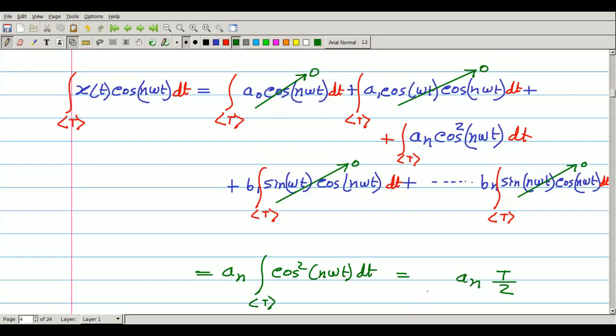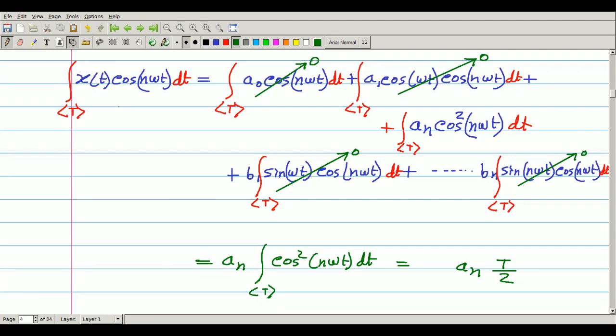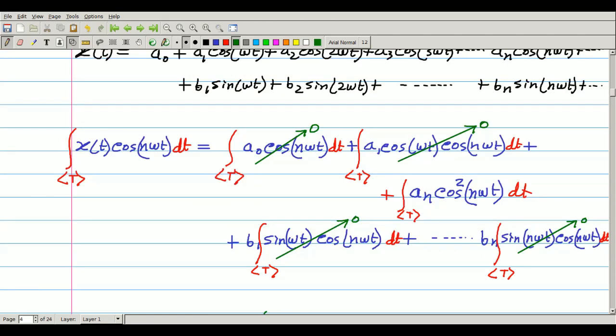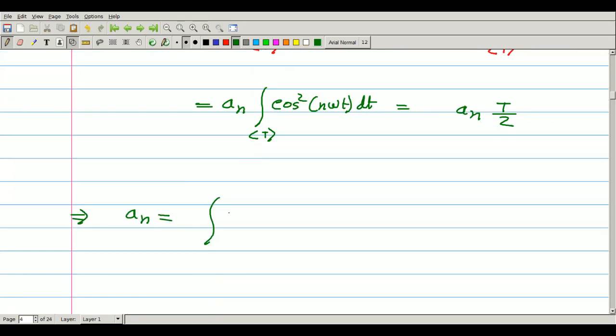Now, from this equality, an T over 2 is equal to the left hand side, we can write that an is equal to the left hand side, which is here, x(t) cosine n omega t dt, and then divide by T by 2.